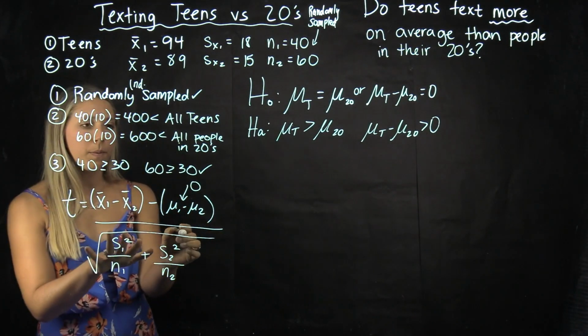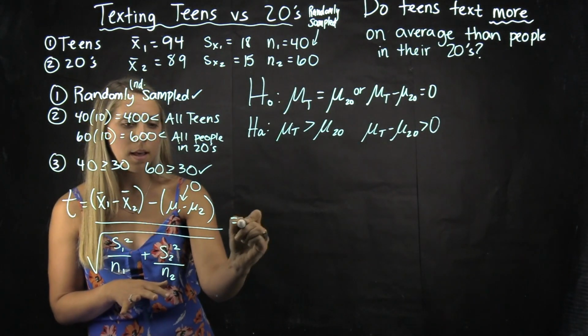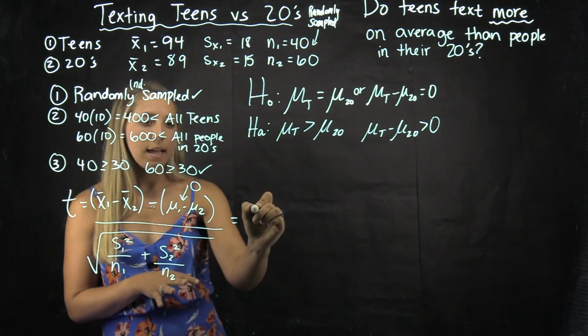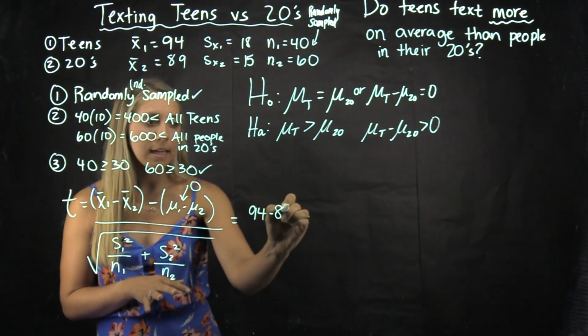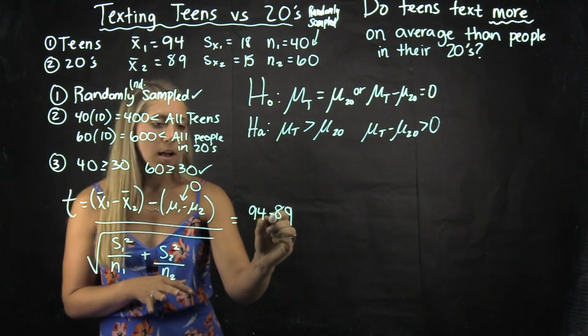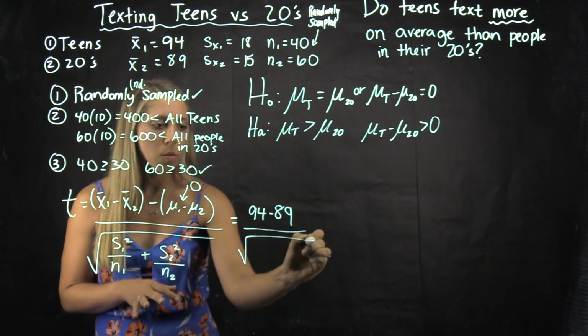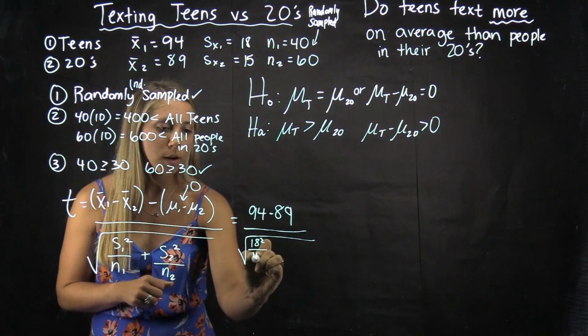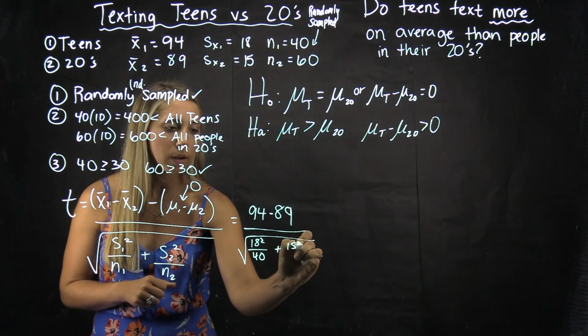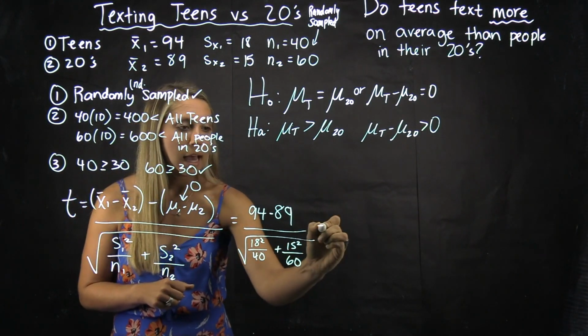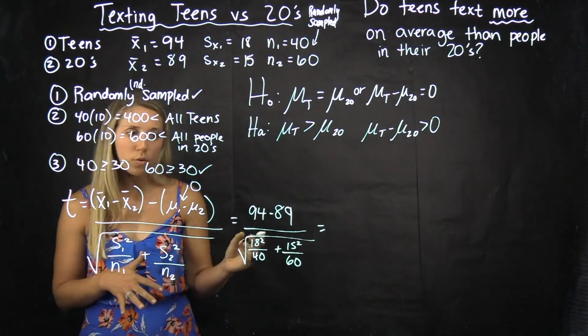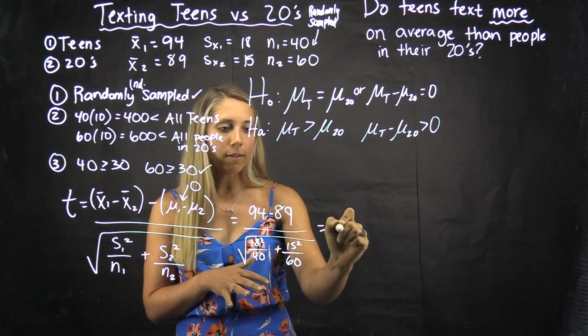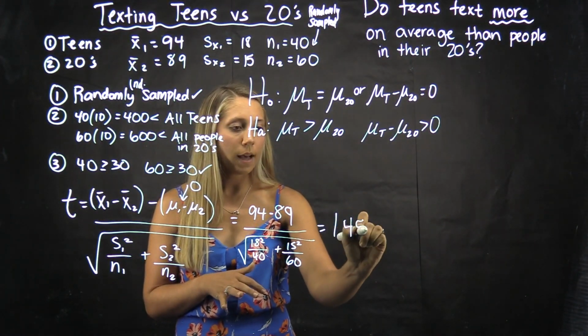If I plug what we have into this formula, we get 94 minus 89 all over the square root of 18 squared over 40 plus 15 squared over 60. And then if you were to work this out, you get a t-score right around 1.45.